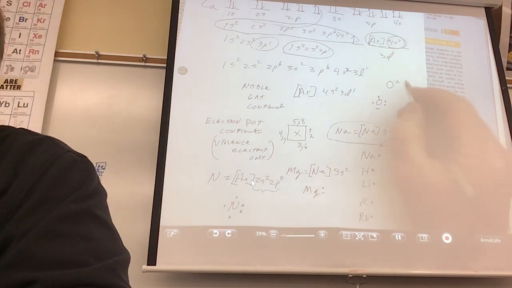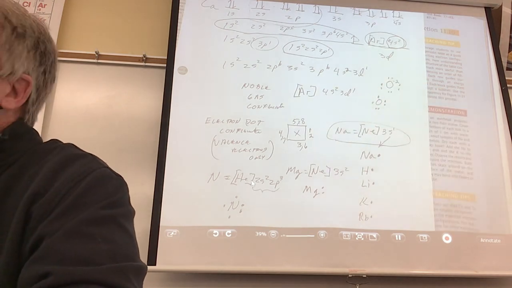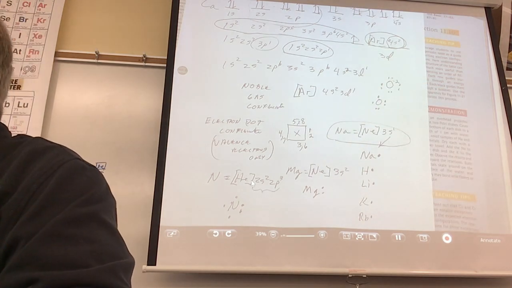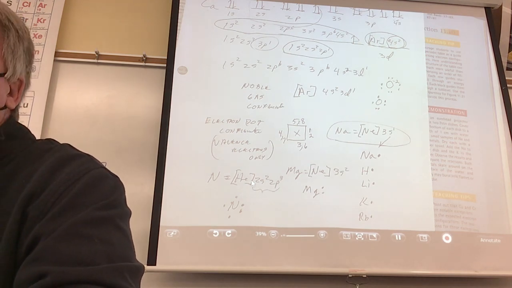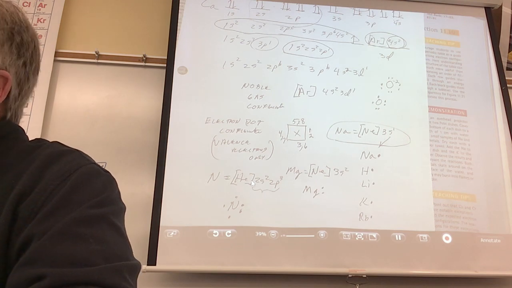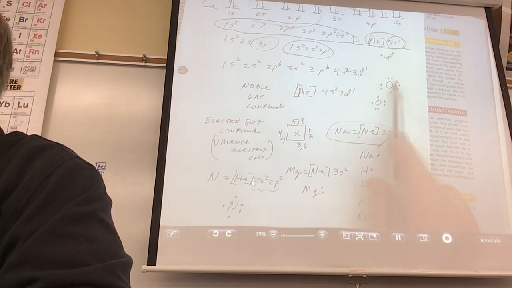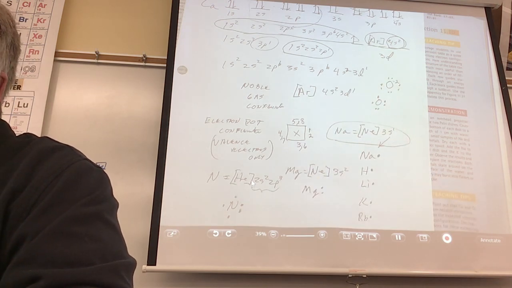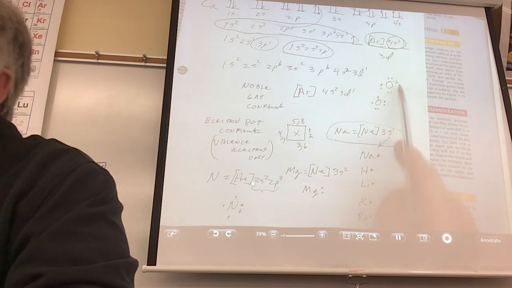I have 8 valence electrons. Noble gas configuration. My nucleus is not a noble gas, but my electrons are in the same arrangement as a noble gas. Now, by the way, if you leave off that minus 2 and you put 8 dots around there, that's wrong. Oxygen will never have 8 dots around it, but oxygen minus 2 ion, yes.